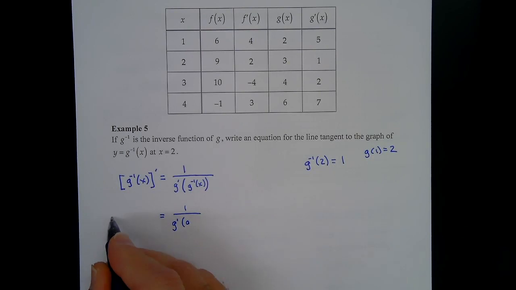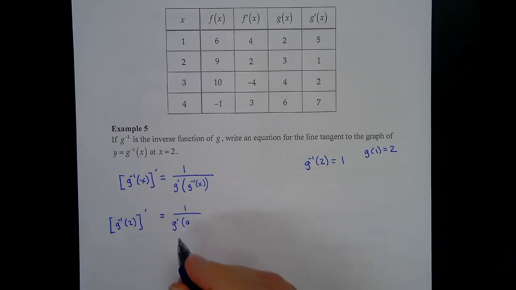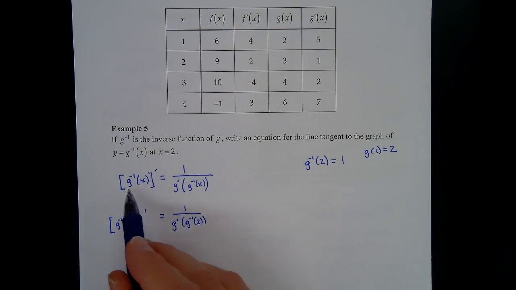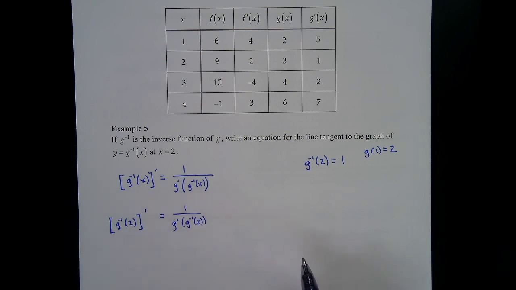Back over here, this is going to be 1 over g prime of, hold on, I should have written this, g inverse of 2 prime. So this is g prime of g inverse of 2. That was wrong if I had left it, because then I'm saying these are the same and they're not. They don't cross over.